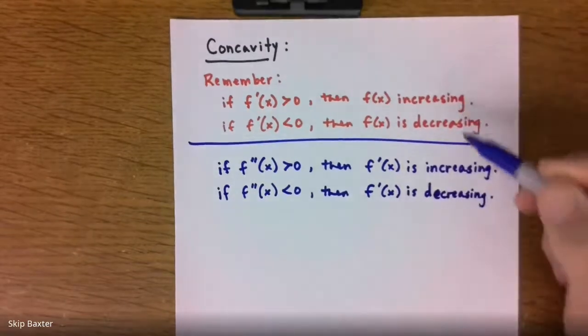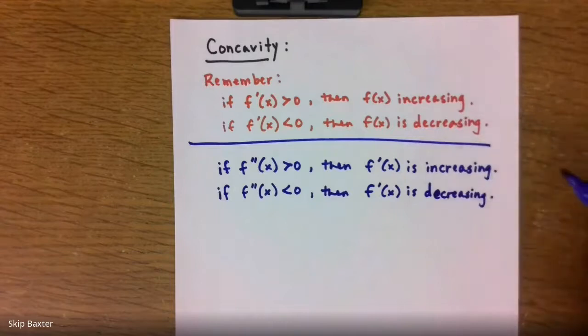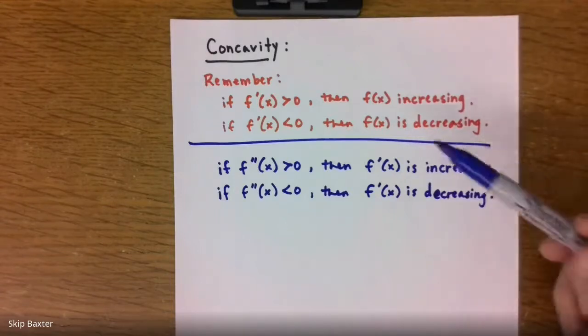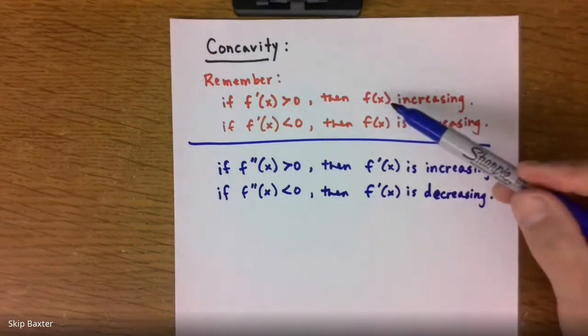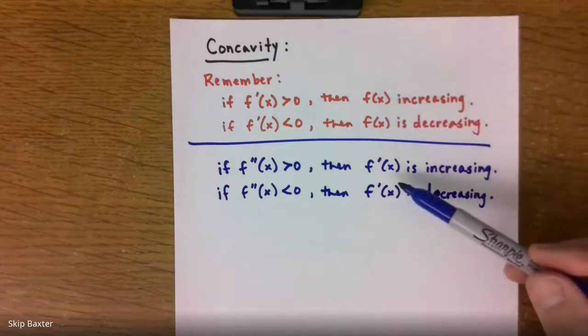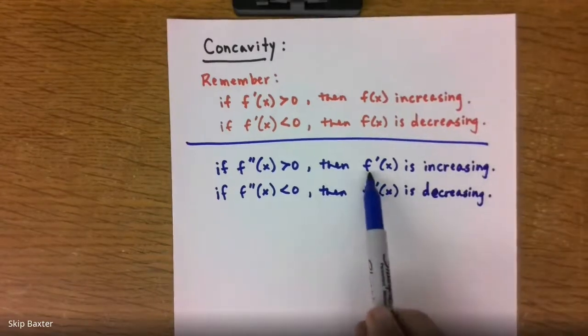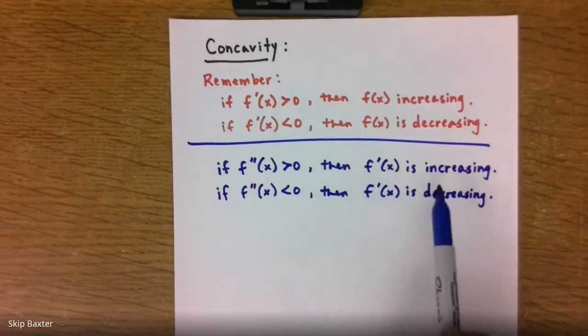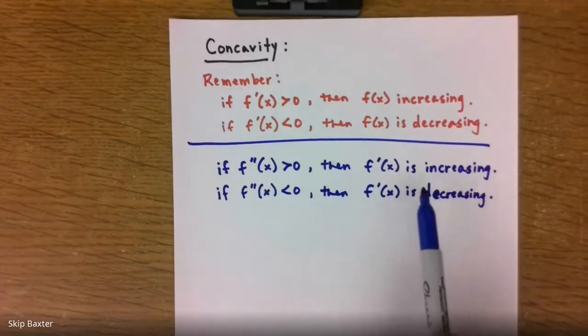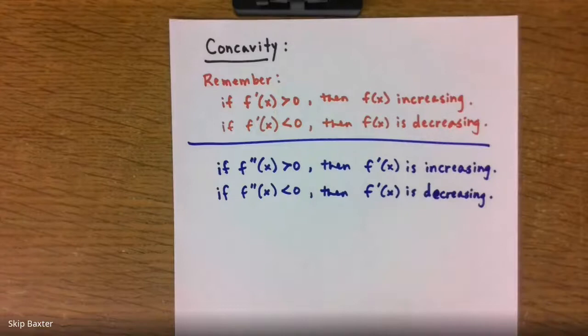Right? So these two sets of sentences are really saying the same thing. The only difference is here we're starting with f of x, and here we're starting with f prime of x. But if you think about what this means, f prime of x is increasing. That actually means that f of x is concave up.